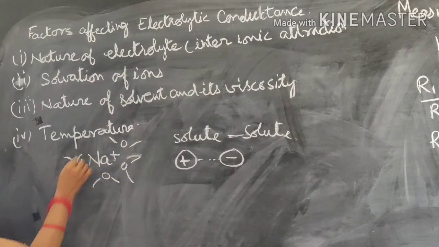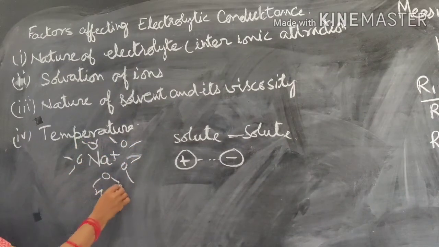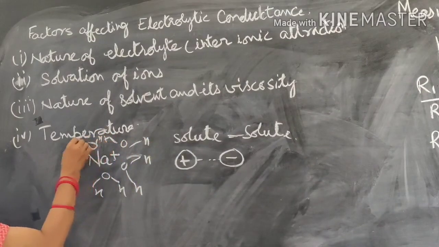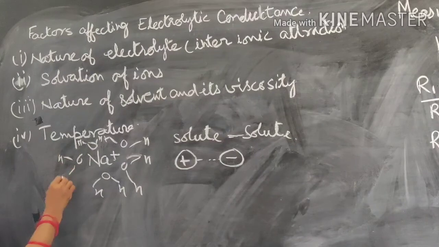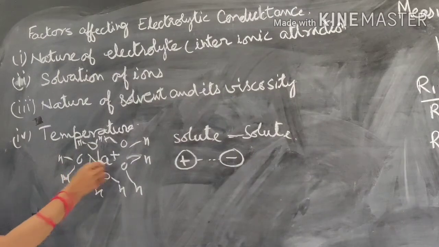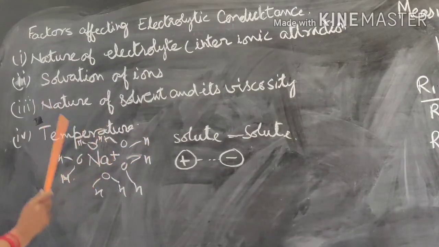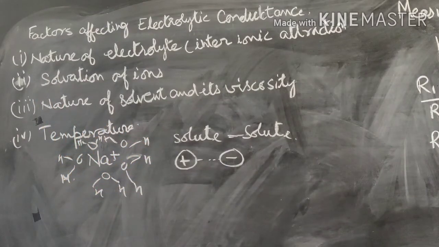These are the water molecules. So when we dissolve sodium chloride into water, the sodium ion will be surrounded by water molecules, which is called solvation. When ions are surrounded by solvent molecules, this process is called solvation.